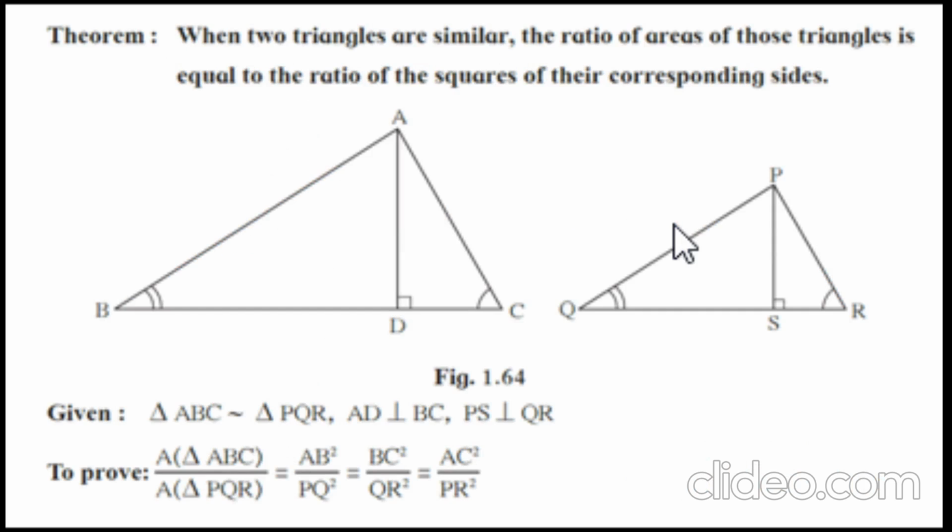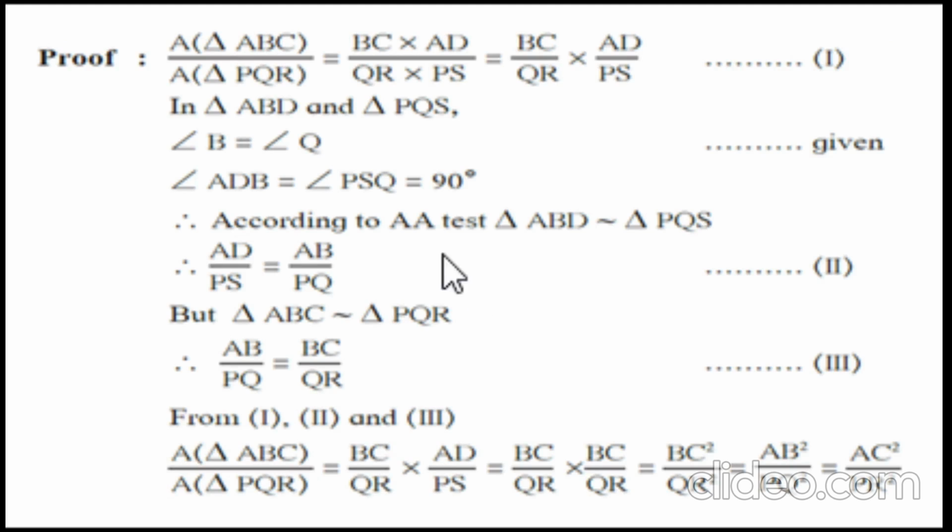So these two triangles, ADB and PSQ, are similar. Then we take the ratio of their corresponding sides. AD upon PS is equal to AB upon PQ. But triangle ABC is similar to triangle PQR.